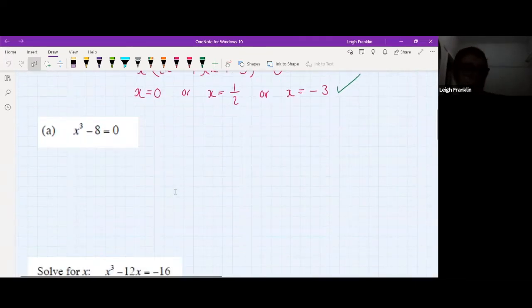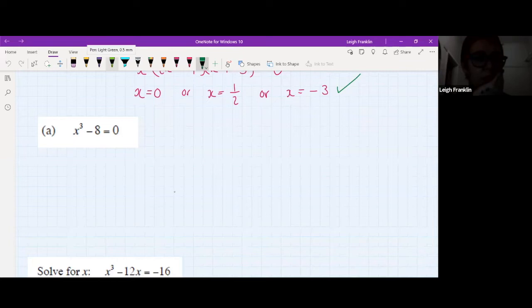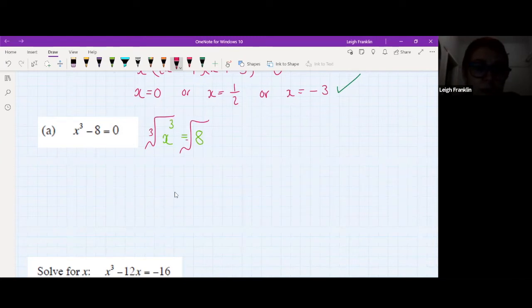Now we're going to have a look at example number 2. So we've got x cubed minus 8. In this example, this is difference of cubes, but an easier way to solve this would be to take the 8 over to the other side, cube root the left, cube root the right, and x will be equal to 2.